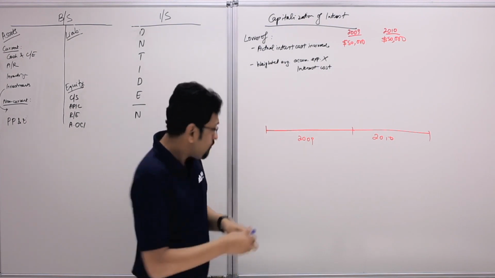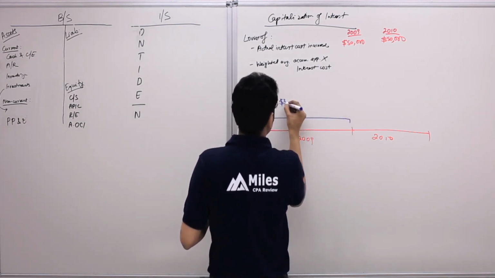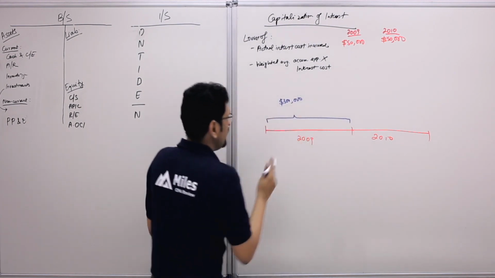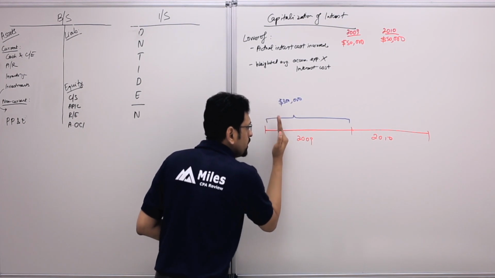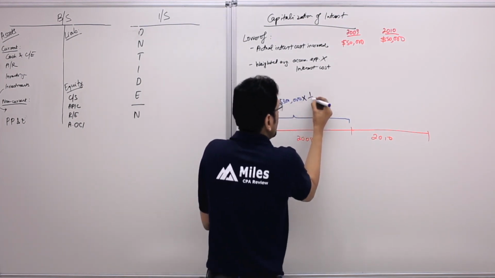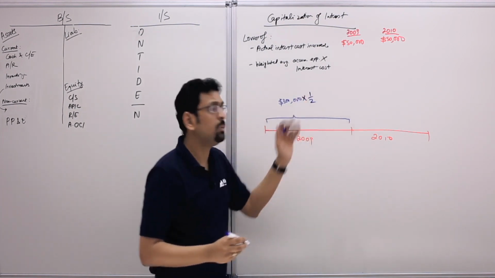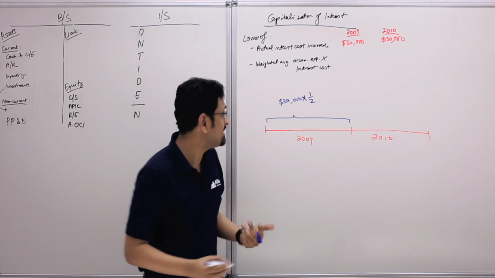Now, if I'm looking at that figure of $300,000, and it's incurred evenly during 2009, some part here, some part here, some part here, then for the interest cost for the year we can simply multiply by half. And then the rate of interest is 10%.